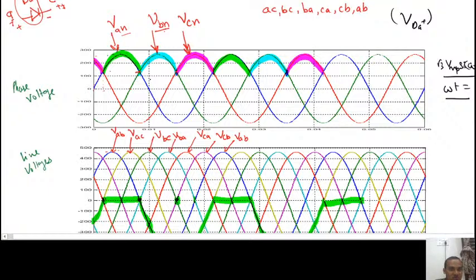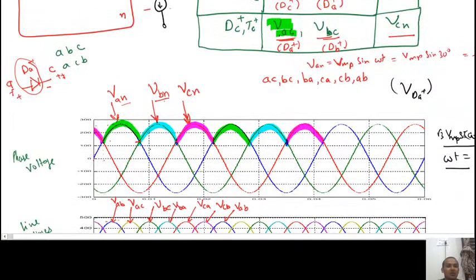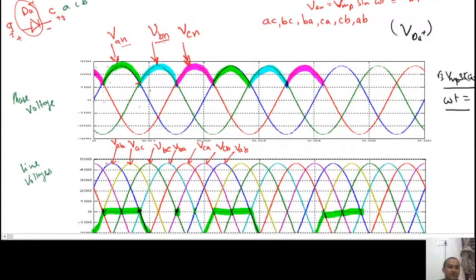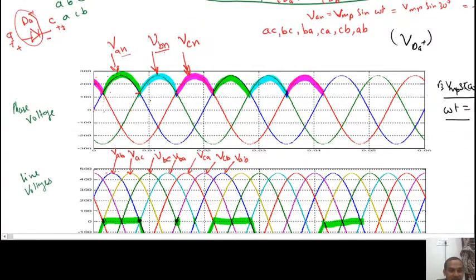If you draw source A current for a resistive load, obviously the source current will be the same shape. So I am drawing the source current for the constant current load of I naught. It will start from omega t equal to 30 degrees to omega t equal to 150 degrees, and the source current will be there.